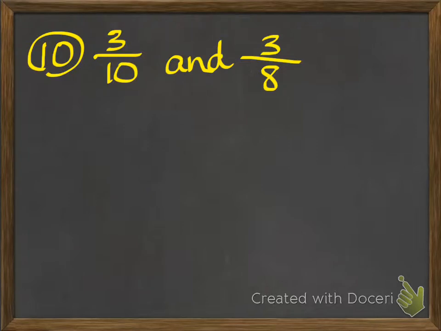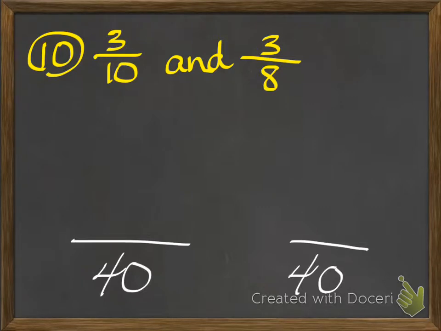Number 10, 3/10 and 3/8. For this one I have the common denominator of 40. I could have multiplied them together and got 80, and that would have worked. However, there is a lesser denominator, and I found that by listing the multiples.